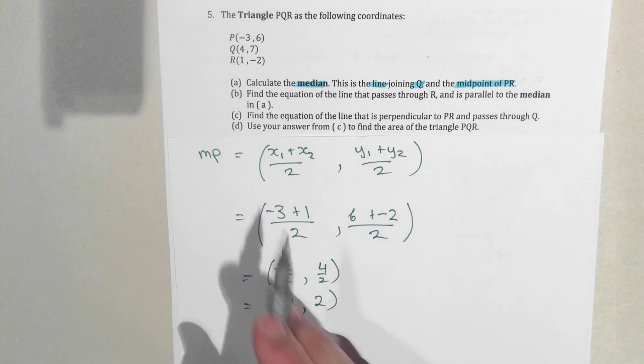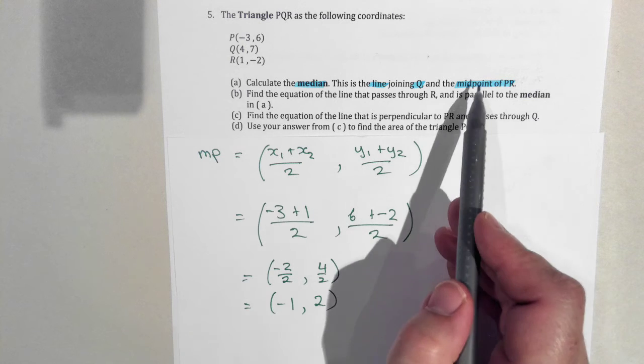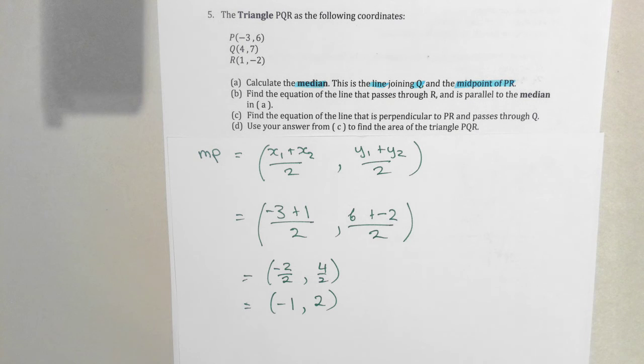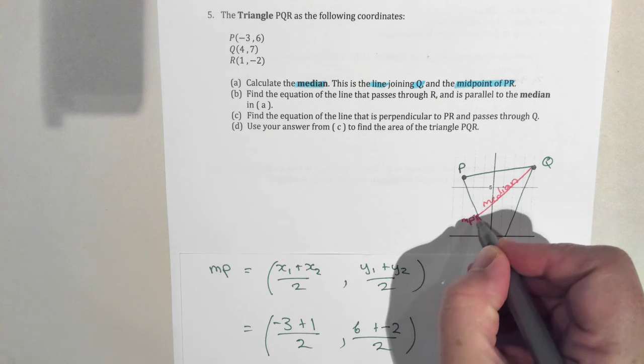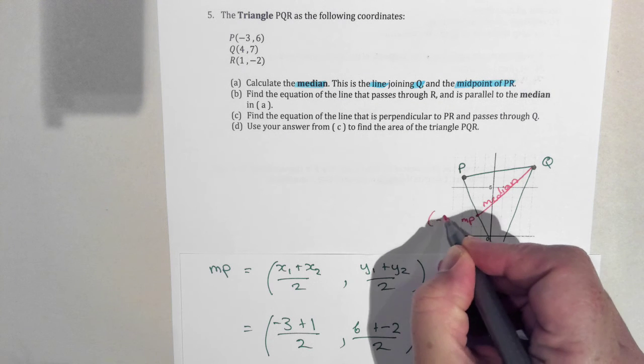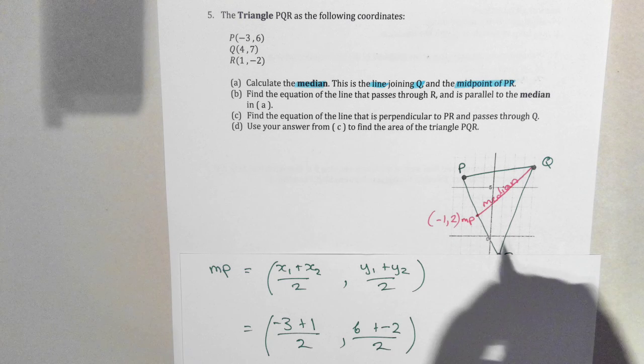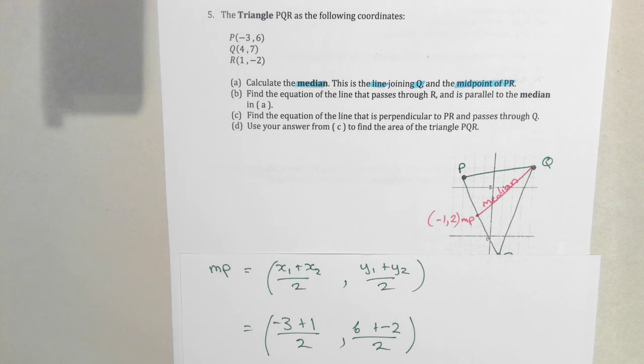So that is the midpoint of PR. So that's what we found. So we have found for that line here, this coordinate there, that midpoint is at -1, 2. Okay, you can see I haven't drawn it very accurately, but that's okay. Well, it's given us a rough indication of where it is.